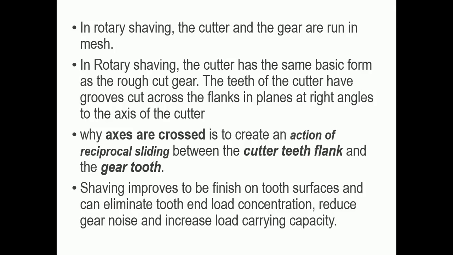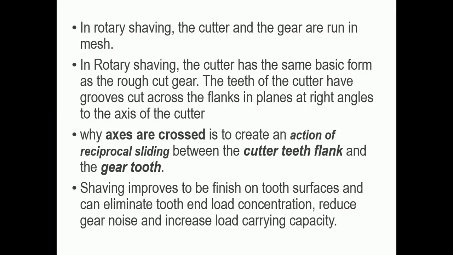In rotary shaving, the cutter and the gear are run in mesh. In rotary shaving, the cutter has the same basic form as the rough cut gears. The teeth of the cutters have grooves cut across the flanks in planes at right angles to the axis of the cutters.